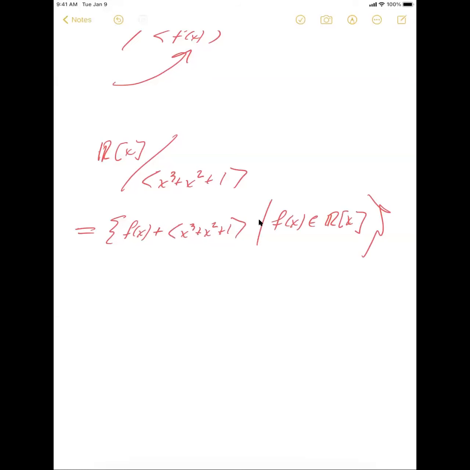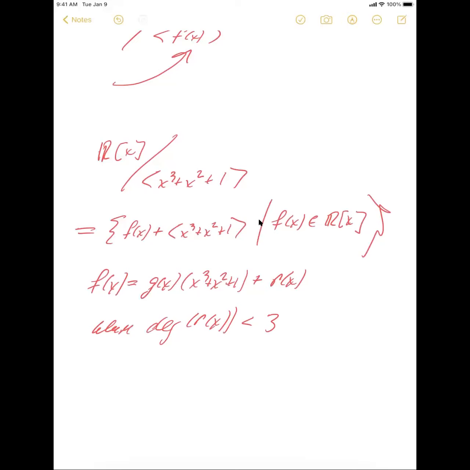But then you say, oh, but we have a division algorithm. And so we know that every f of x is equal to g of x times x cubed plus x squared plus 1 plus r of x, where the degree of r of x is strictly less than 3.